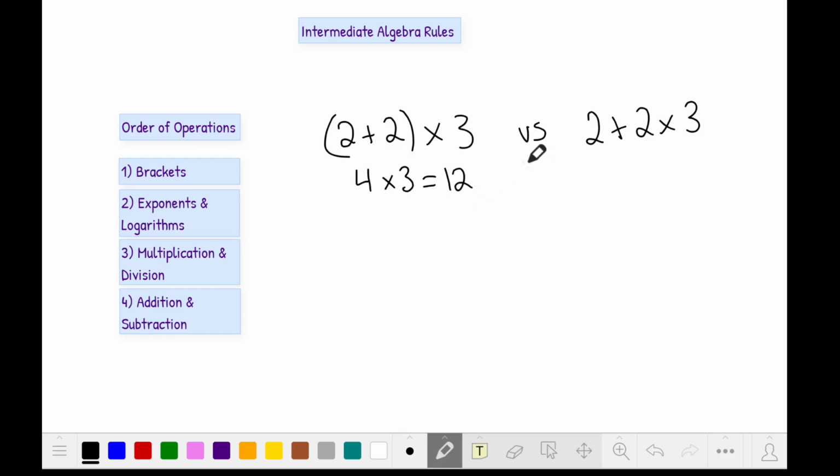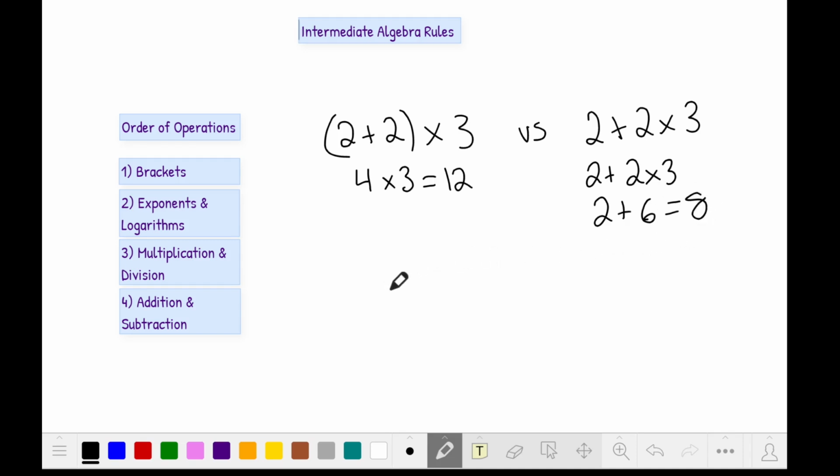Now, if we look at the expression on the right-hand side, we still have 2 plus 2 times 3. If we did the addition first, we would again have 4 times 3, and we would get the same answer. But if we did the 2 times 3 first, we would have 2 plus 6.